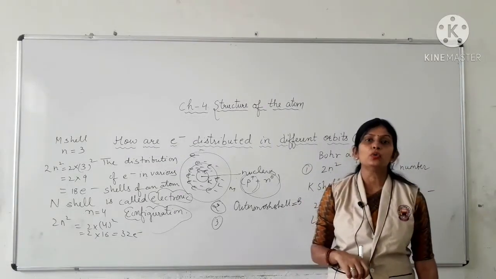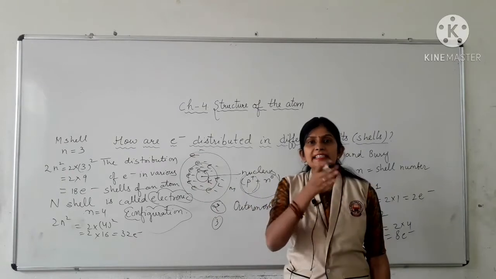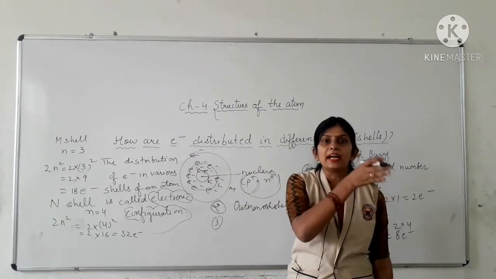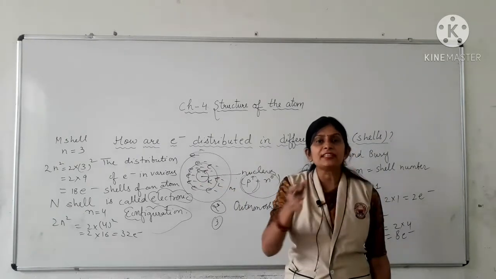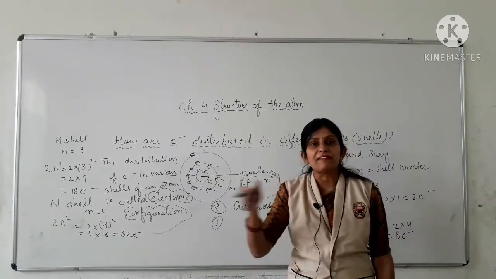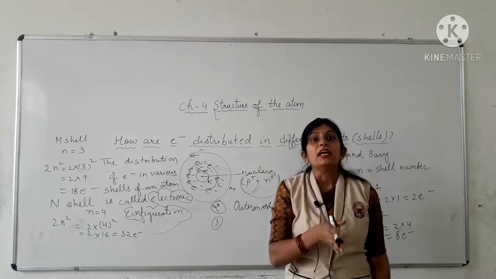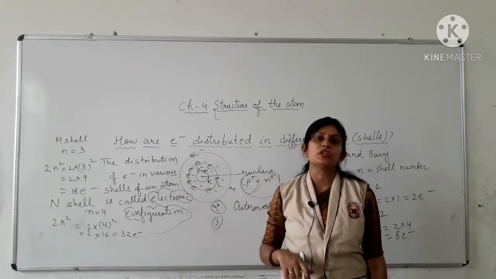Now, third rule: electrons are always distributed in a stepwise manner. Means when electrons fill the shells, they fill them in stepwise manner. First, they fill inner shells, then they go to outer shells.